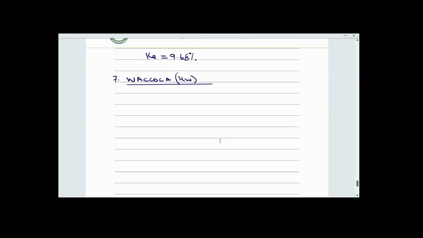So WACC is equity value divided by equity plus debt, multiplied by cost of equity, plus debt value over equity plus debt, multiplied by cost of debt, times 1 minus tax. All right.